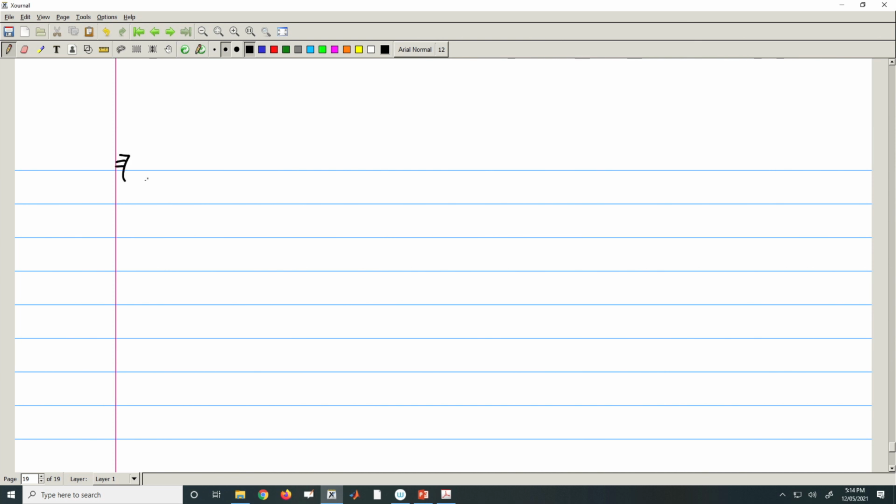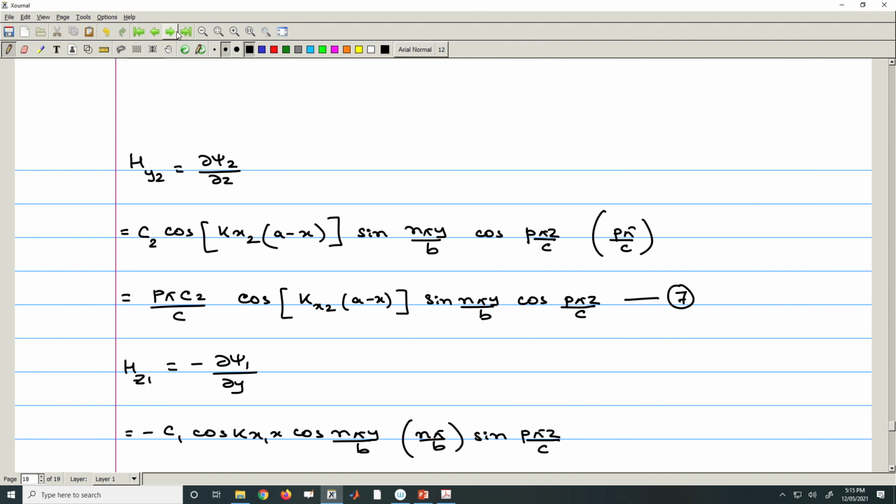Therefore, we can write hz1 as minus of n pi c1 upon b cos of k x1 x cos of n pi y upon b sin of p pi z upon c. So, this is equation 8.